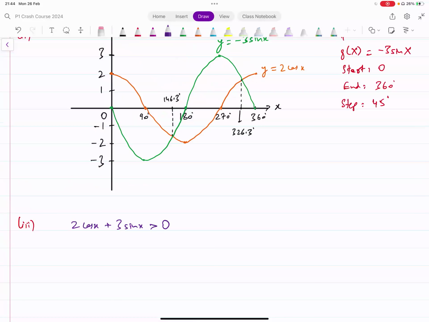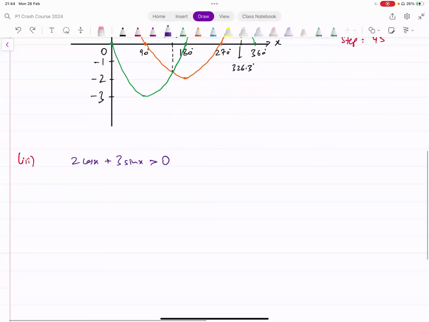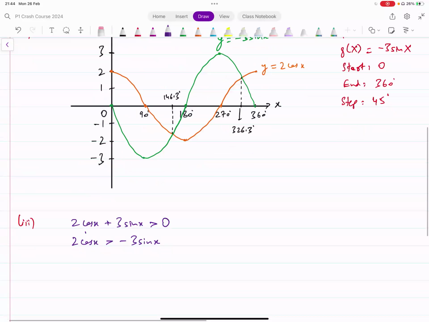Let's rearrange this. What two graphs do we have here? 2 cos x and minus 3 sin x. We can write it like this. We can say this is 2 cos x greater than minus 3 sin x. So on the graph, you basically have to look for that region where 2 cos x is greater than minus 3 sin x.